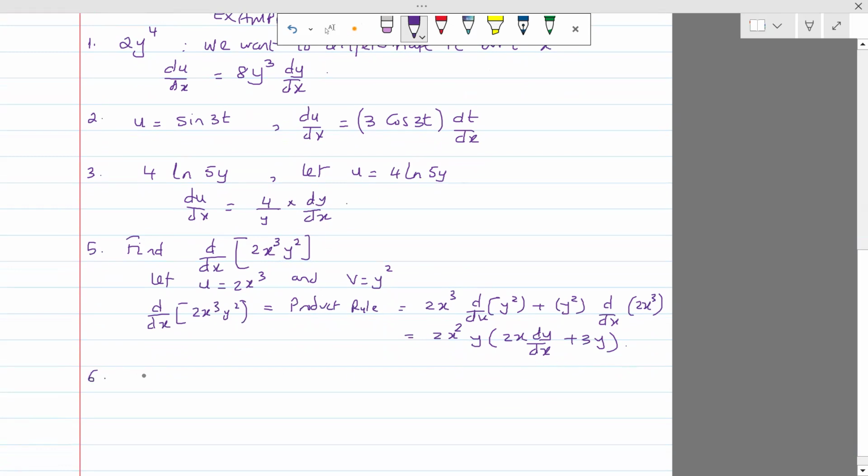Let's say that we want to find the derivative with respect to x of 3y over 2x. Here we can use the quotient rule. u equals 3y, v equals 2x. Then the quotient rule: v du by dx minus u dv by dx, over v squared.